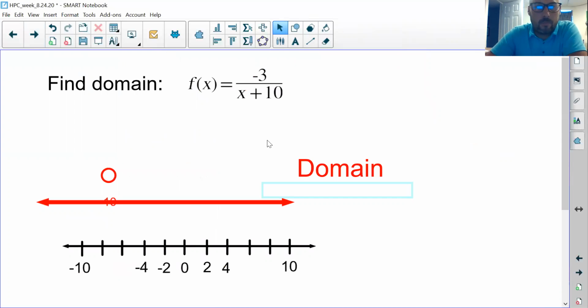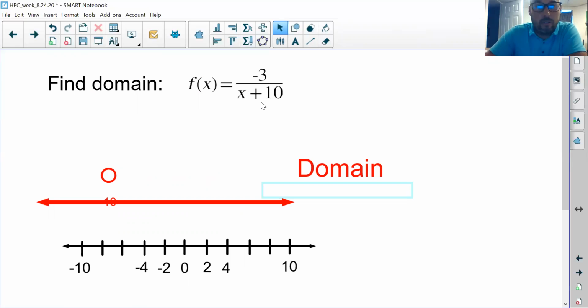Next example, love this one. Not a quadratic, so don't worry about factoring anymore. What's going on here? Well, you've got -3 divided by x plus 10. And when you're finding the domain, a lot of times it's easy to think, well, let's just assume any x value will work. I could plug in 5. Why not? -3 divided by 15. I could do that.